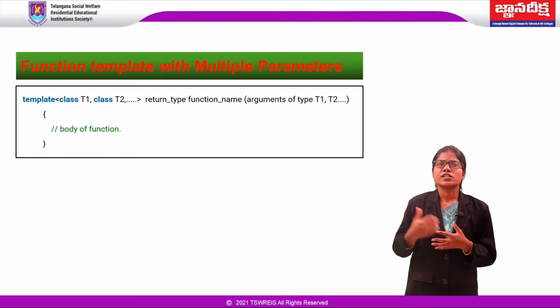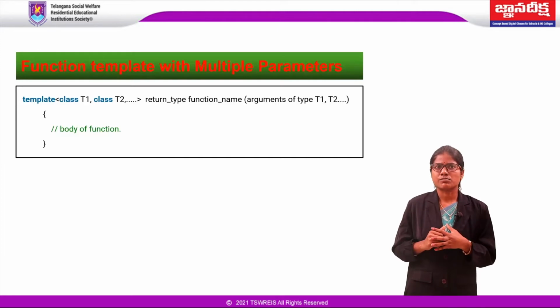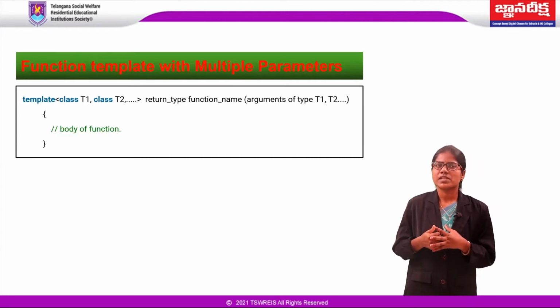This is the syntax for a function template with multiple parameters. Here we took two placeholders represented with T1 and T2. These T1 and T2 are two different data types. We can have more than two different data types as well.